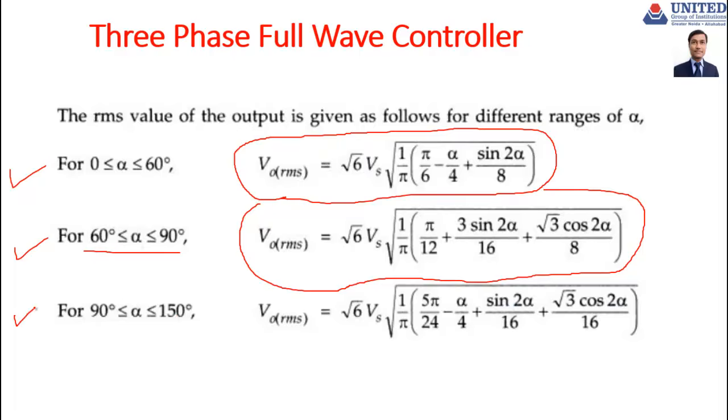And in the third case, when alpha is between 90 degrees to 150 degrees, we get the RMS output voltage equal to root 6 Vs times the square root of 1 upon pi times the bracket of pi by 24 minus alpha by 4 plus sine 2 alpha by 16 plus root 3 cos 2 alpha by 16.